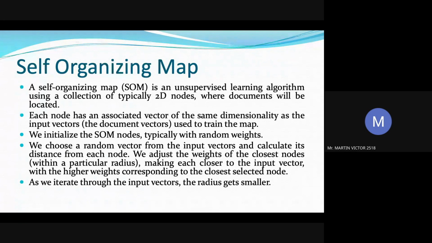That will allow us to visualize the structure of the data set, right? So firstly, it will cluster the similar documents and then identify the patterns. SOM helps us to uncover the hidden patterns and the relationships between the documents.